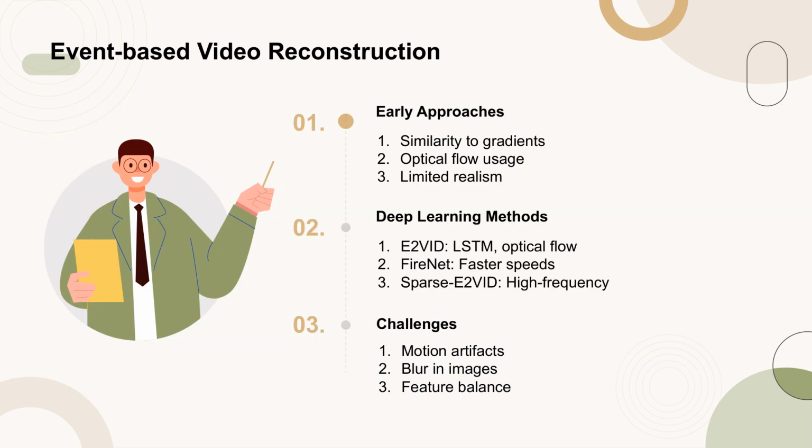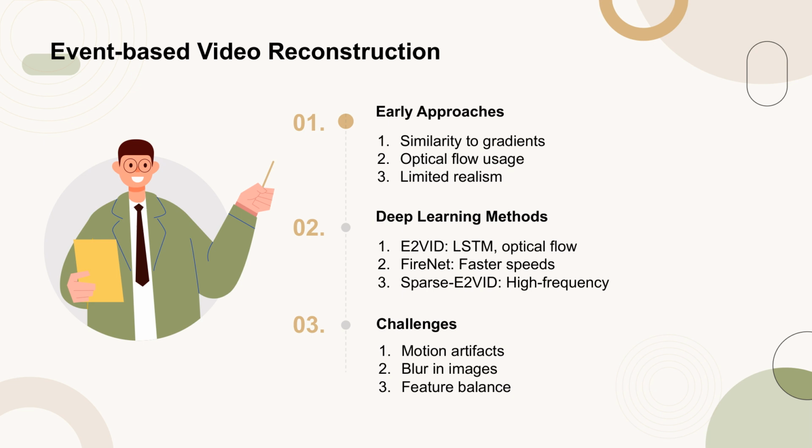Early approaches in event-based video reconstruction focused on the similarity between events and gradients, or the use of optical flow to directly reconstruct scene structure. However, these methods struggled with achieving realistic intensity images due to a lack of long-term data exploration. With the advent of deep learning, methods like E2VID, FireNet, and sparse E2VID have shown significant improvements.